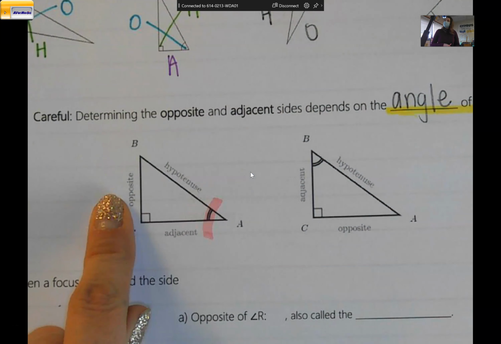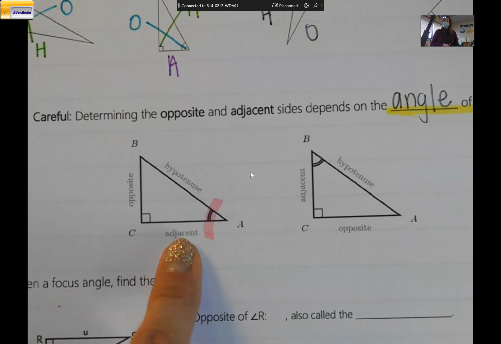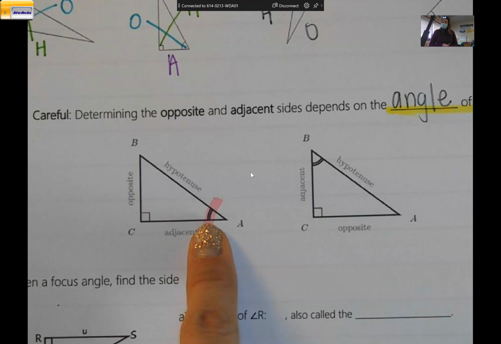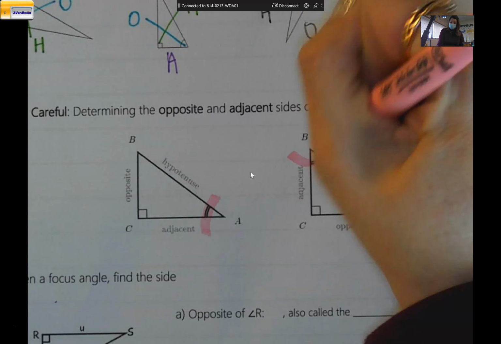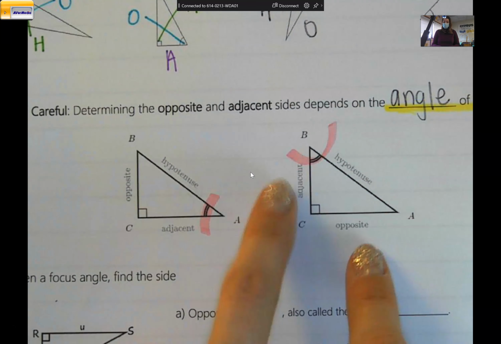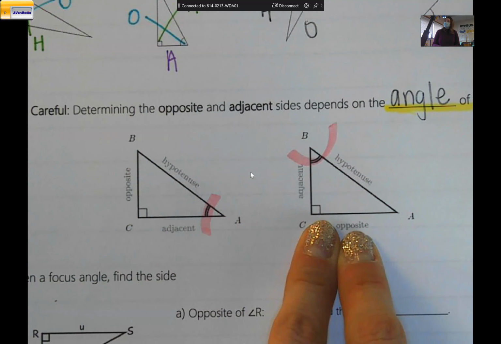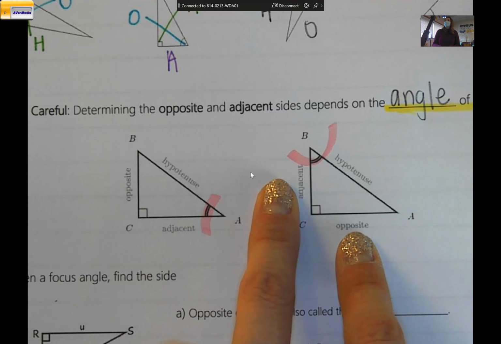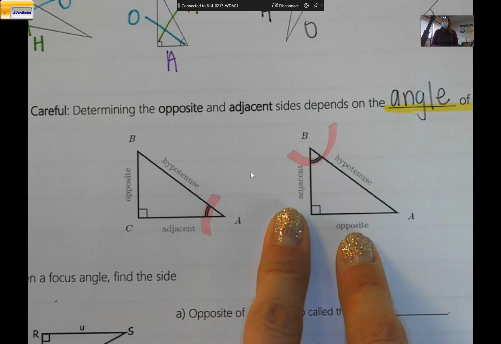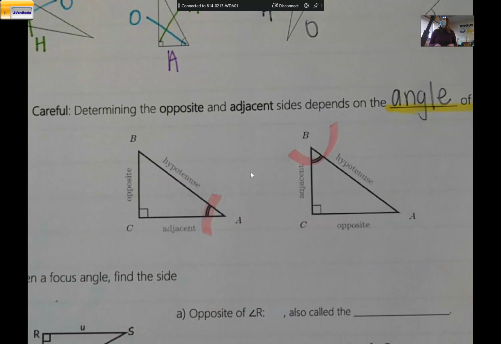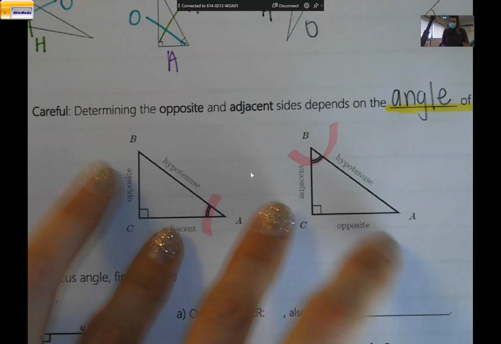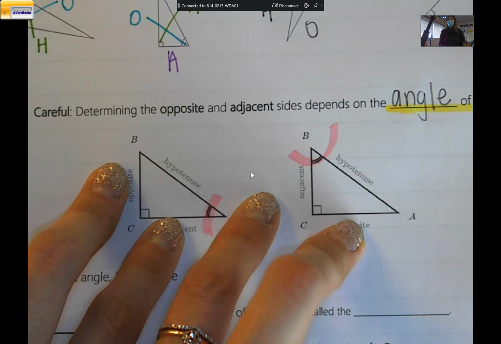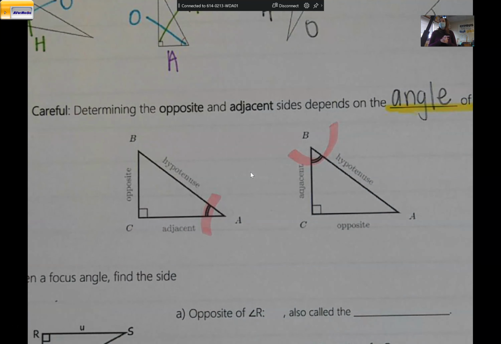The opposite would be the left side, and the bottom would be adjacent to A. However, if your focus angle was B, then those change. Your opposite side becomes the bottom, and your adjacent side is the left. In both cases, hypotenuse is always the same. Hypotenuse is always across from the right angle. But it's these two legs that change based off of what angle is your focus.